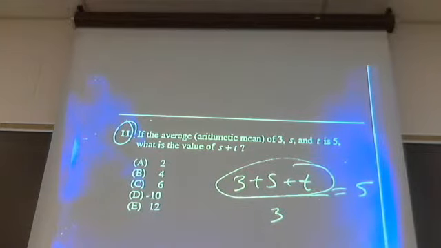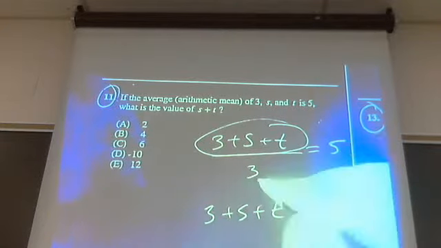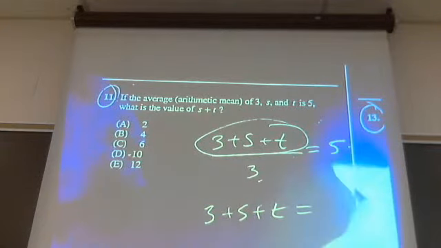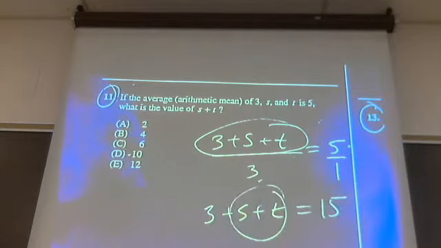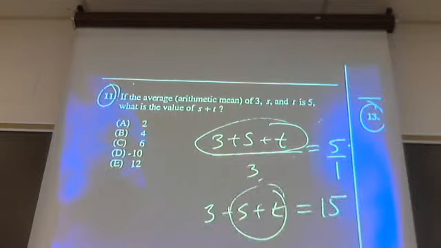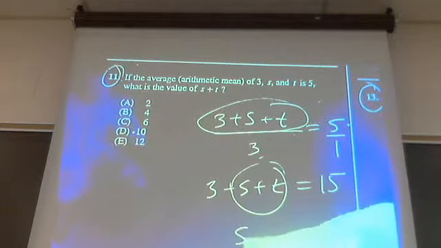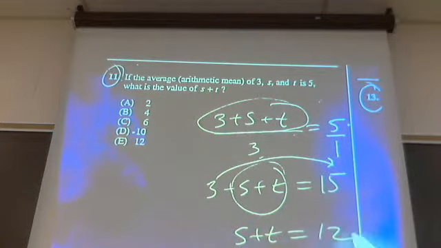What's the sum of these 3? 3 plus S plus T add up to what? 15, right? Because you multiply 3 times 5, little cross multiplication there. Okay. So what do S and T add up to? 12, right? Because you're just taking that 3 to the other side.